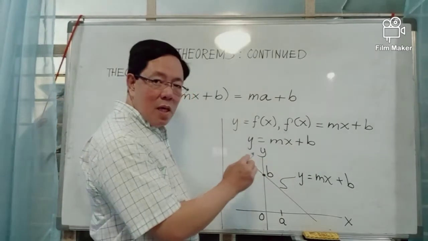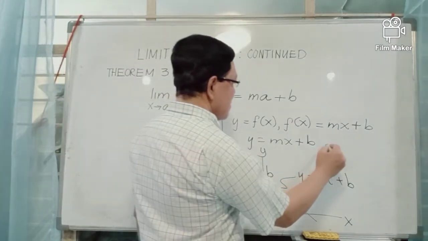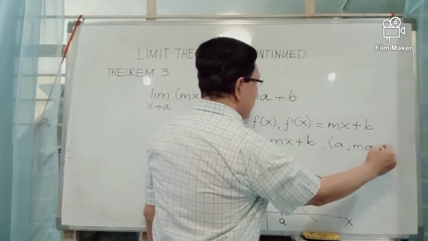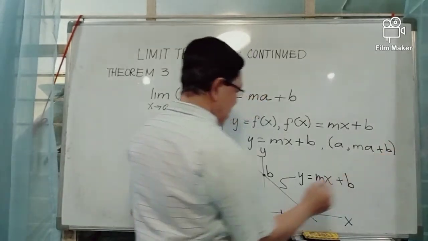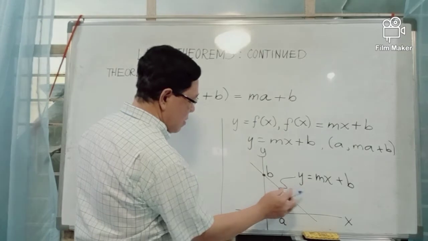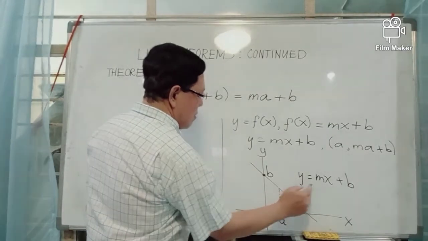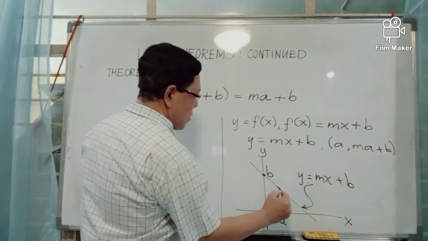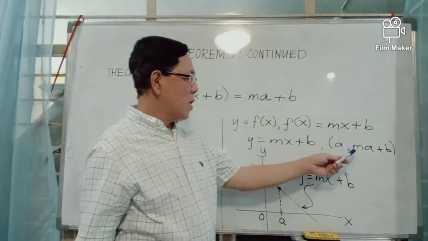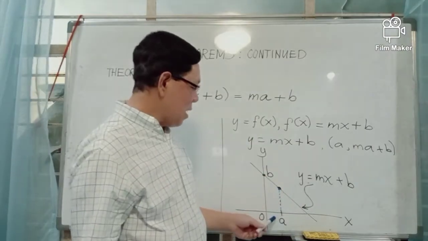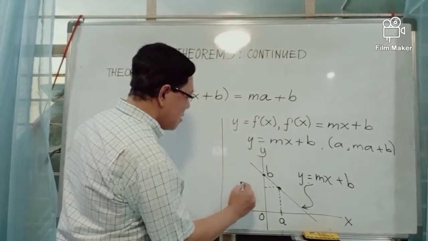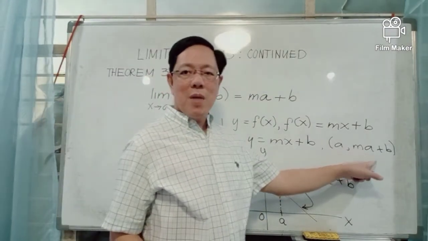And that point, the point with coordinates a and ma plus b, is a point on the line. This will be the point with x-coordinate a, and the value of y is ma plus b.